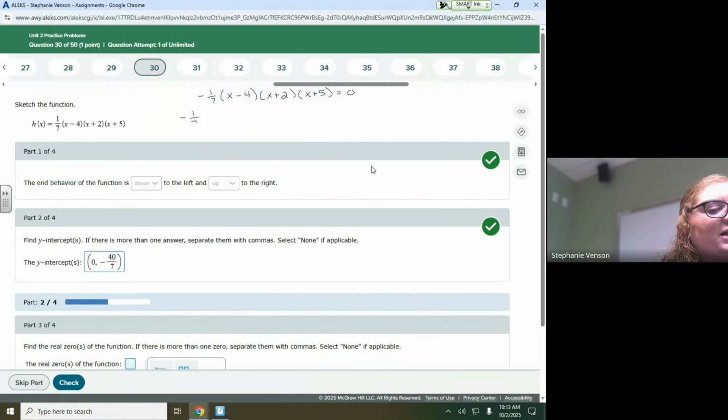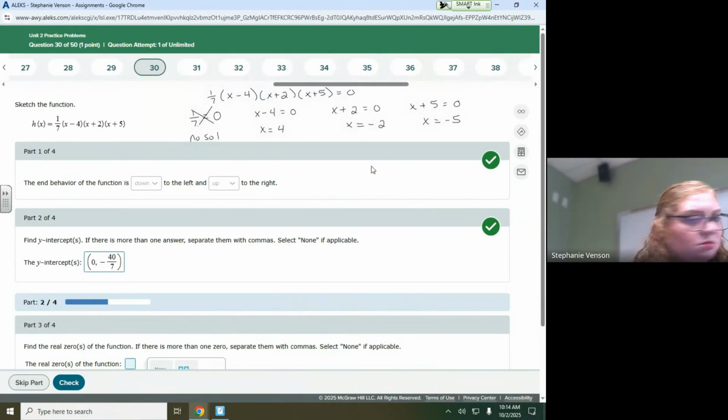Obviously, you don't need to set the 1/7 equal to 0, because that's no solution. We don't ever set the standalone number or leading coefficient equal to 0. But we would have x minus 4 equals 0, x plus 2 equals 0, and x plus 5 equals 0. So x equals 4, x equals negative 2, and x equals negative 5.